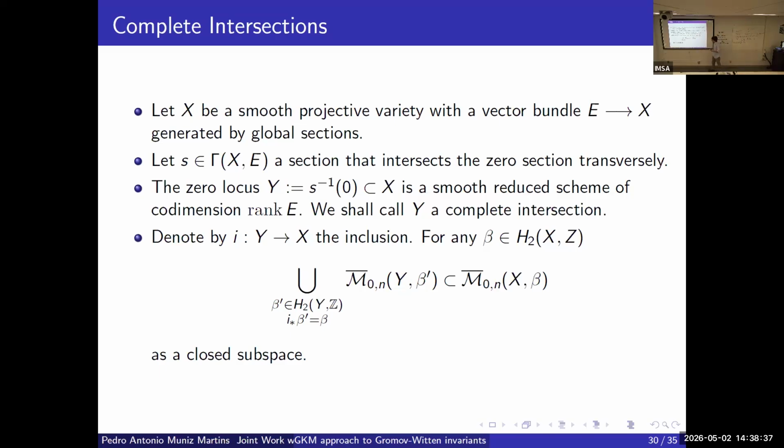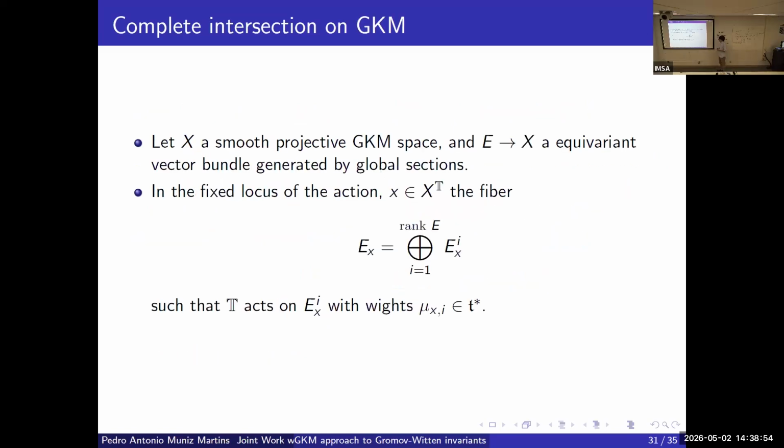Then it's possible to use the formula that we have for this moduli space, the identification, using the T-equivariant fixed locus of the action of T, to derive a formula for the sum of the invariants in this set. For this, I will need some definitions that will be given now.